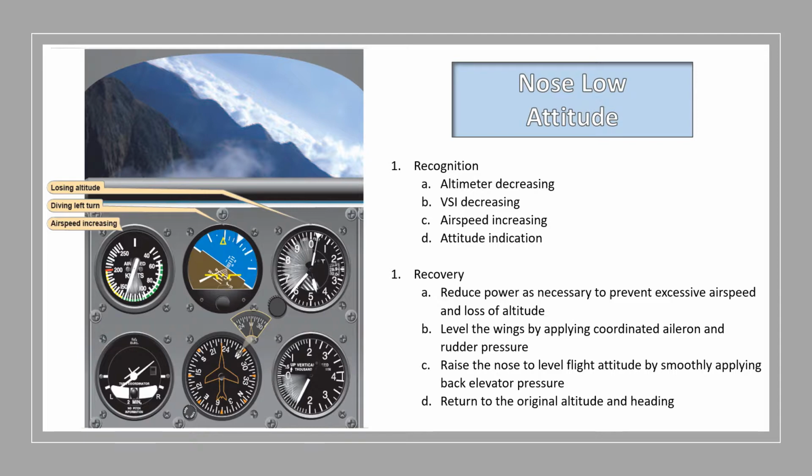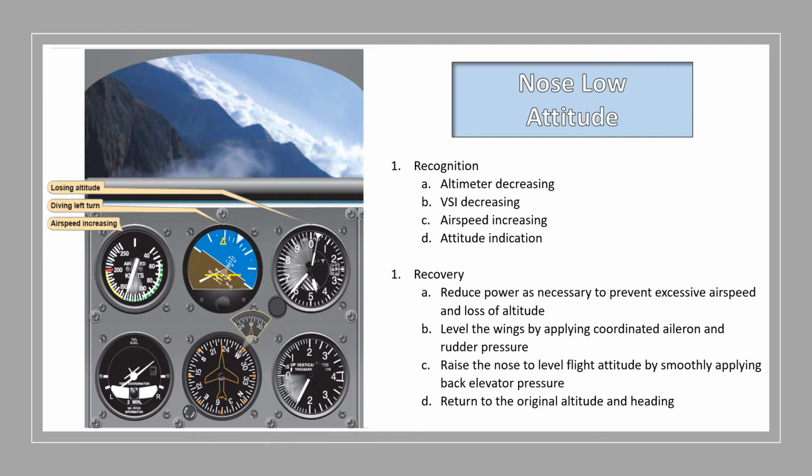We're going to see a decreasing altimeter and a decreasing vertical speed indicator. Our airspeed will be increasing, and again we can look at our attitude indicator to see that we are nose down, we are in whatever degree of bank we're in, and get a good idea for where the attitude of the airplane sits.